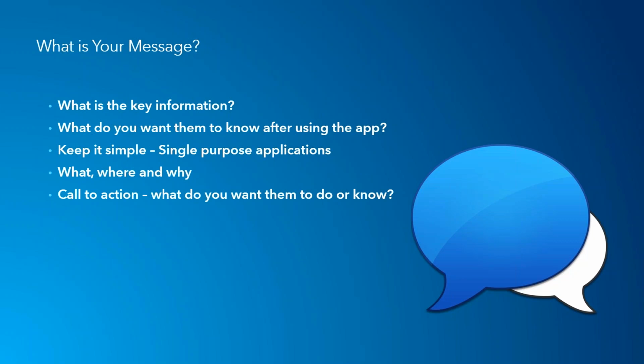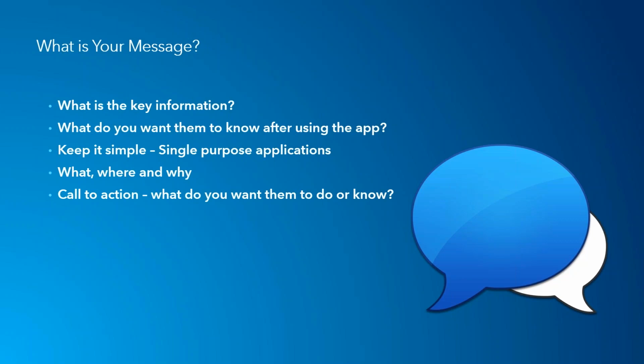From time to time, we see very complex applications put up there when really the message was something like, here's shelter locations. Make sure the information is related to the key information you want to provide. Think about your audience, which we'll talk about in a second, but what do you really want them to know after they use the app or after they see it embedded in a website?